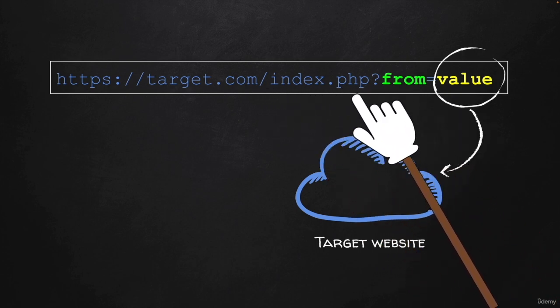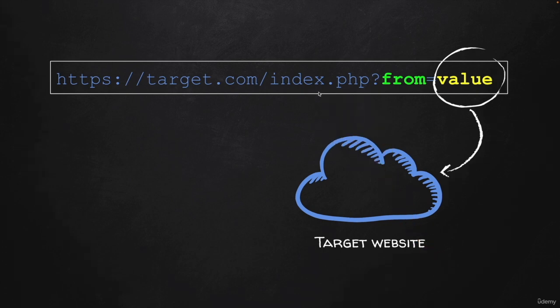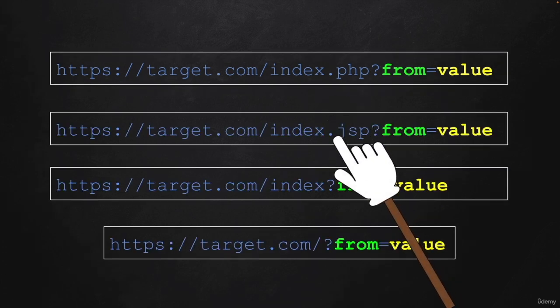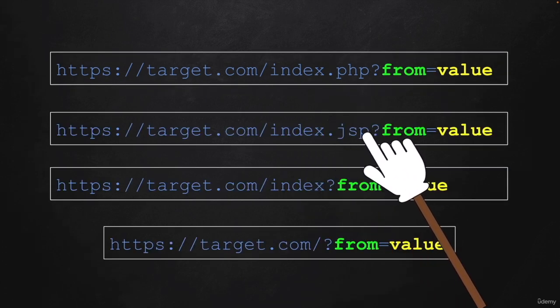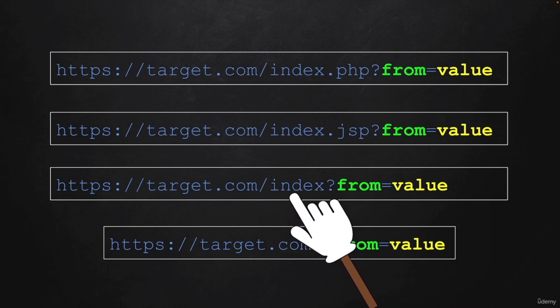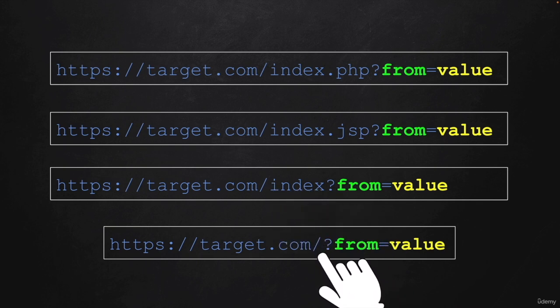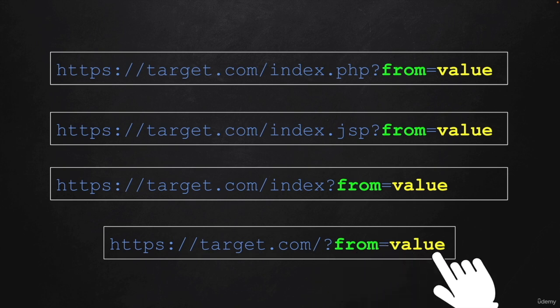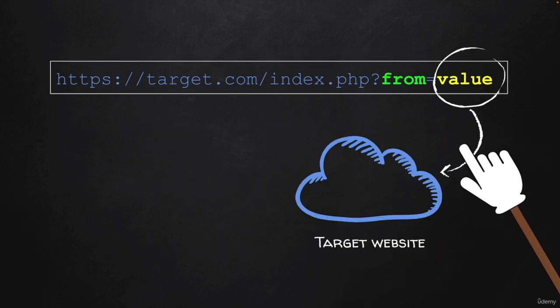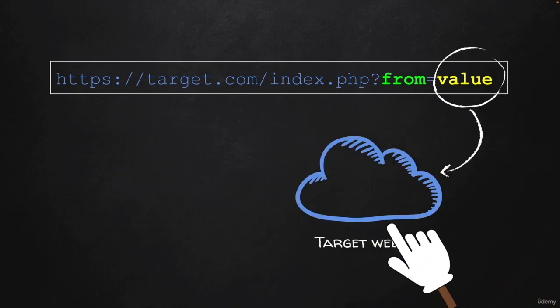Now, don't worry about what comes before the equal sign, so this could take a number of forms, and even don't worry about the PHP or the name in here. So you might go on websites and see them to be .jsp, you might not even have a file extension, or you might not even have a file name. You might just simply have a question mark, or you might not even have a question mark. If you see a value after the equal sign, you should know that this value will be sent as a GET request to the target web application.